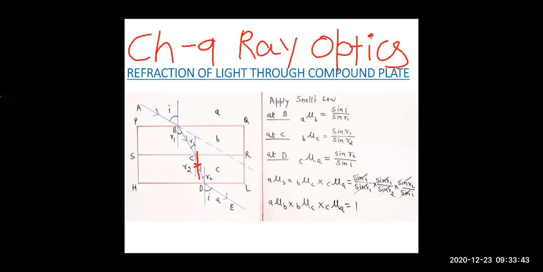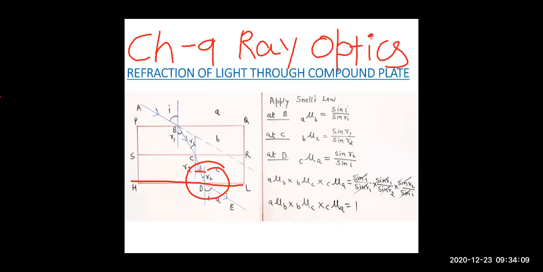Again, they are forming alternate angles, that is, they are forming Z, because these two are parallel lines, this is a transversal. So this angle and this angle has to be equal, right? So if this is R2, this angle has to be R2. So here R2 will be the angle of incidence at the surface HL.